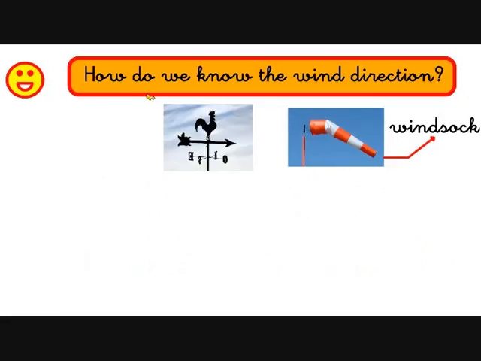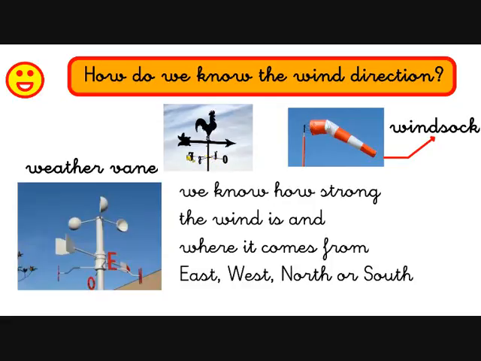Okay, so how do we know the wind's direction? Well, we've seen many times on top of the roofs of the houses, like a rooster and an arrow, with the letters N-S-E-W in English. Well, that means that it is a weather vane.